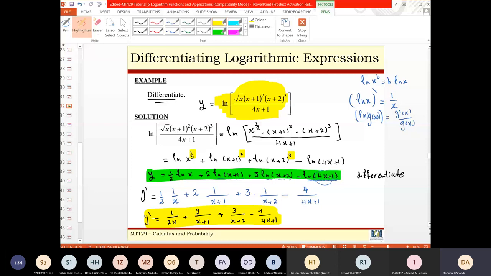Of course, if someone thought from the beginning that since I have ln of a function, I'm going to use this rule directly without cutting, it is not wrong, but it is very complicated. It is more correct to cut the function into smaller functions, then find the derivative. You got me? Is that clear now? Okay, good.